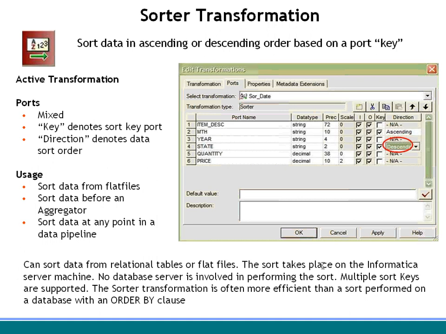Before, there used to be performance issues on this because for the sorter transformation, the cache was determined with a base value. For all transformations, Informatica allocated a base memory space, and if you needed more data at the server level, you had to increase the size. That was before version 8.